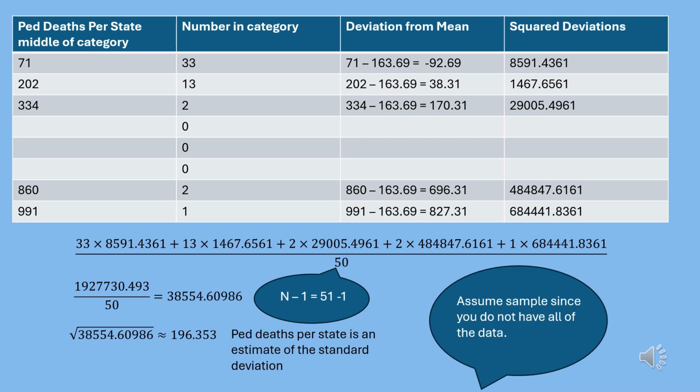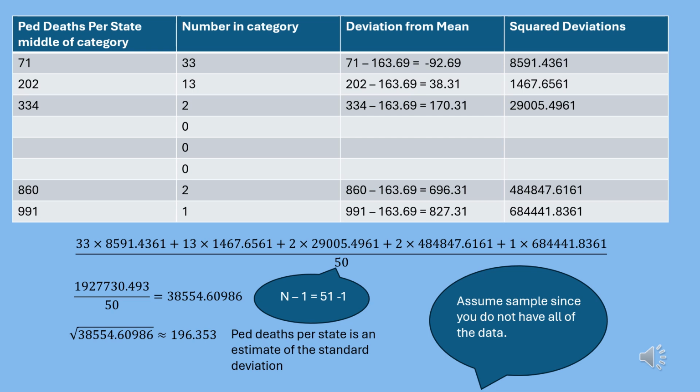The difference between 334 and the mean is 170.31. The difference between 860 and the mean is 696.31, and the last data value, 991, has a difference from the mean of 827.31. So those are the deviations.